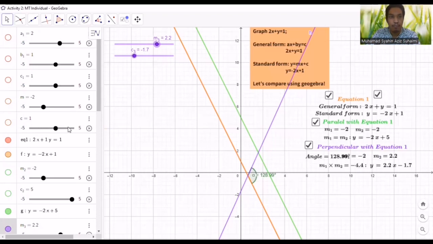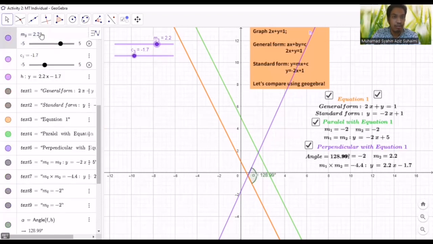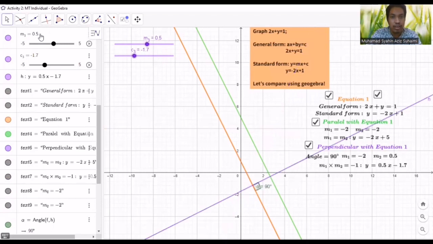So M2 must equal 0.5. And we will get the 90 degrees. So we call this perpendicular with equation 1, which is the purple equation, and the orange equation will be perpendicular, and the purple equation also will be perpendicular with the green one.